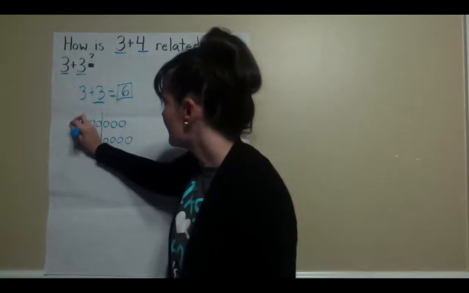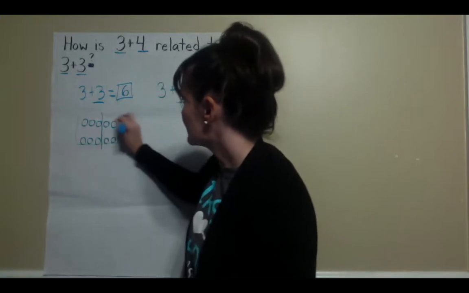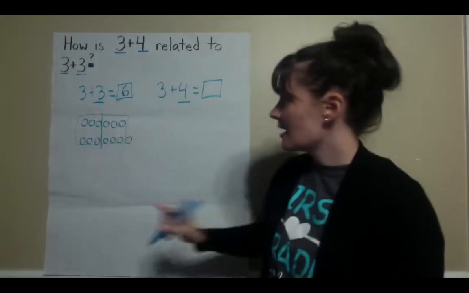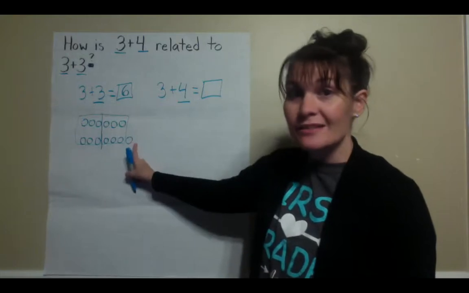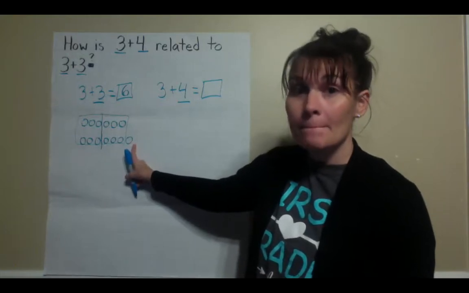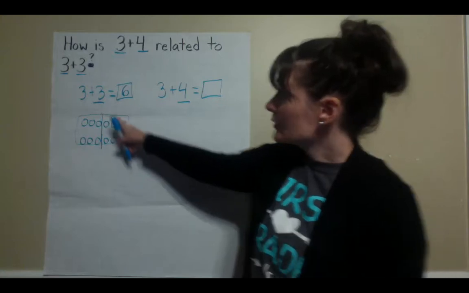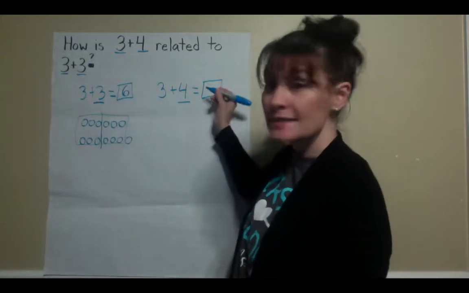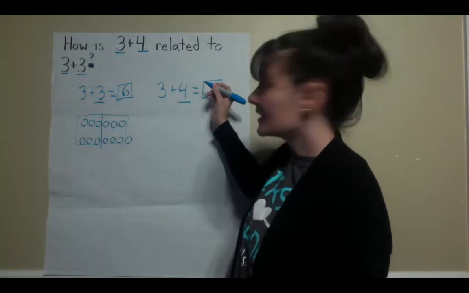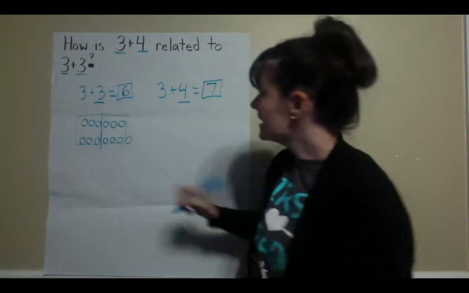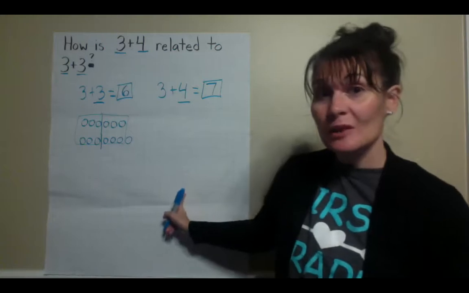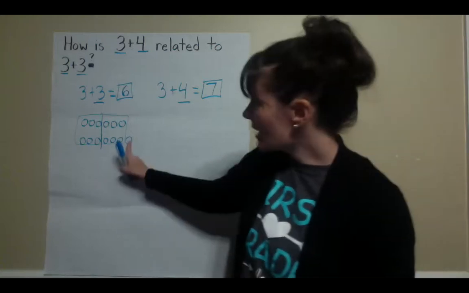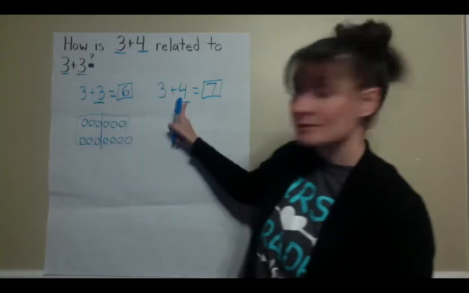Well, I see, here's my 3 plus 3. But wait, now there's one more. So if 3 plus 3 is 6, then 3 plus 4 is, that's right, 7. This was a doubles plus 1 because we had one more.